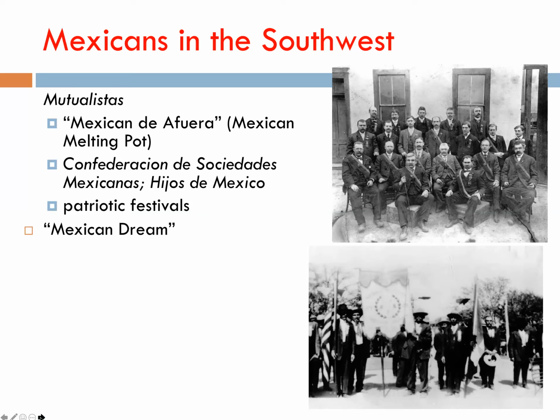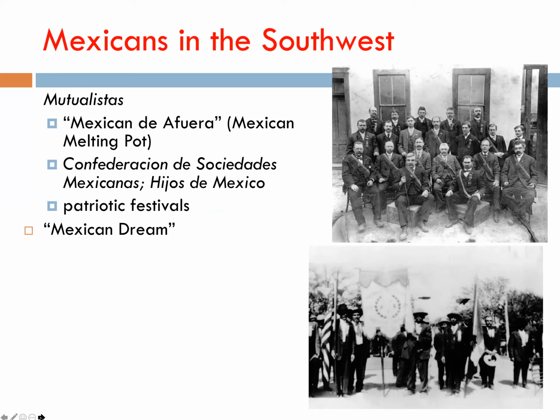And many of these Mexicans have what's called the Mexican dream. So even though we're constantly being told that immigrants came around this period of time and they believed in the American dream, as I told you, that's nonsense. About 30% of them go back to their home country by the 1930s. Many of them have not the American dream, but the Mexican dream.